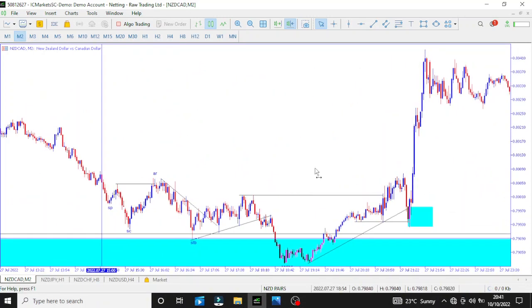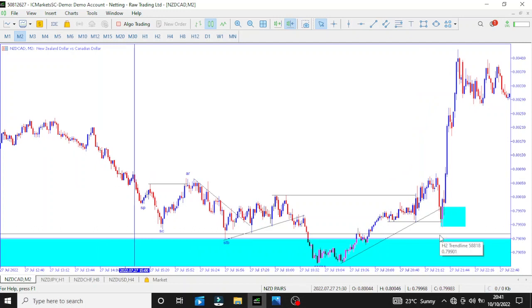After this, and another thing, we have to trade mitigations after the price manipulates particular liquidity. We have to trade mitigations.